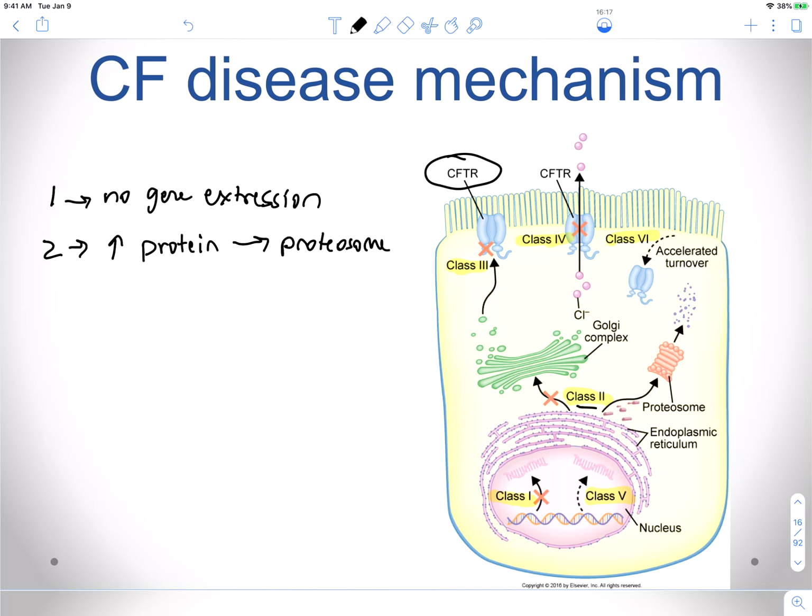Now number 3 is up here, and number 3 is associated with an abnormal regulation of chloride. So it doesn't turn on fast enough, or it doesn't turn off fast enough, so you don't get the right chloride regulation across the cell membrane. And then number 4, which is here, is abnormal chloride conductance.